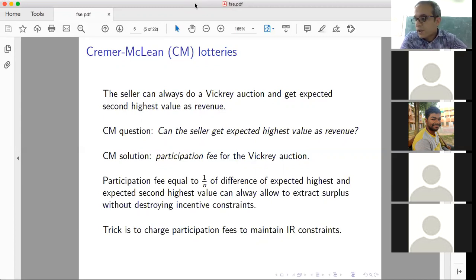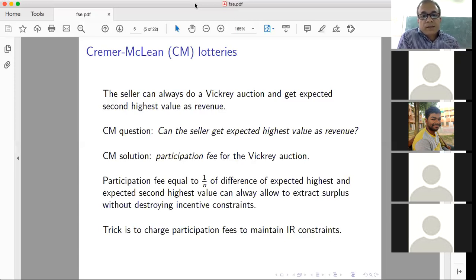At each type profile, the mechanism can get a maximum surplus equal to the highest value of the profile, and the expected highest value is the maximum possible expected surplus that the seller can hope to achieve.